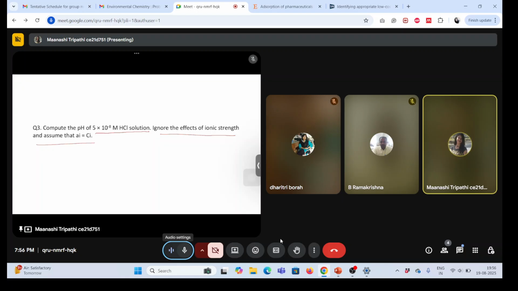Normally, if the power is less than 7, say 4 or 3, we can simply write negative log of hydronium ion concentration. But when it is more than 7, this is a very weak acid solution. Even though it is a strong acid, it is so low in concentration that it is forming a weak acid solution.